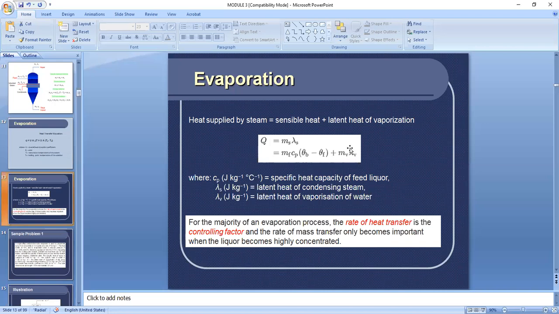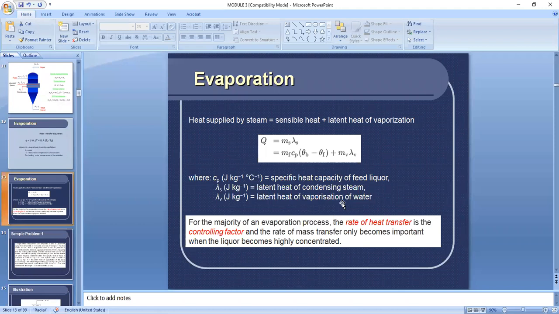This is the mass of the vapor, and this is the latent heat of the vapor, the lambda V. This formula will give you the same value as the product of ms lambda s. Everything is defined here: lambda S, latent heat of the condensing steam, and lambda V is the latent heat of vaporization of water.